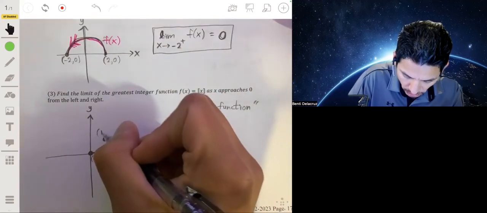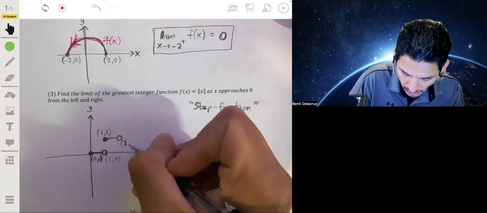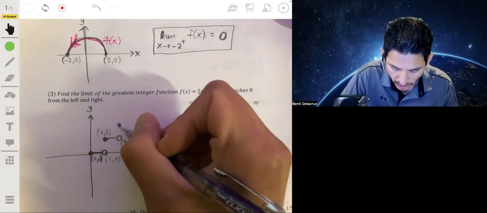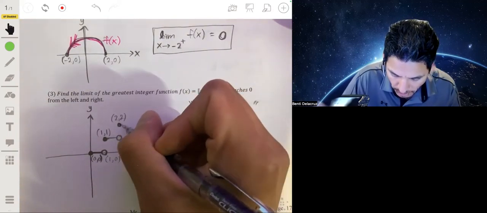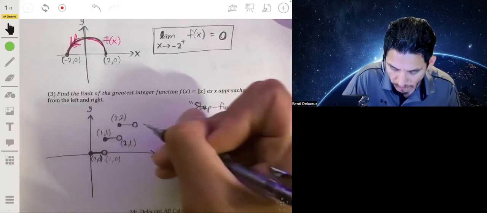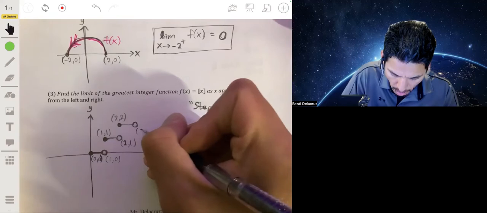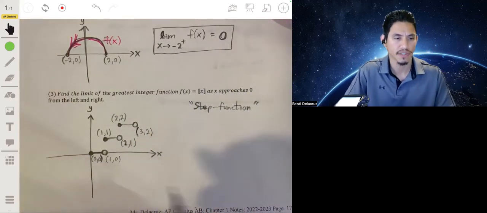The next step at 1, 1 is defined, but then at 2, 1, it's not defined. But going up further, you have 2, 2 defined, but not 3, 2. And so on and so forth.